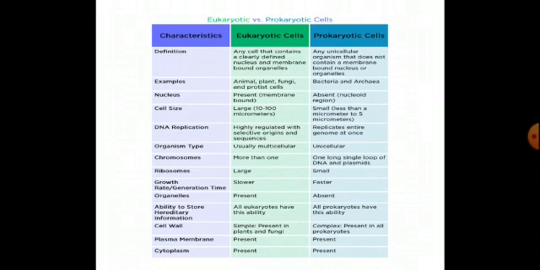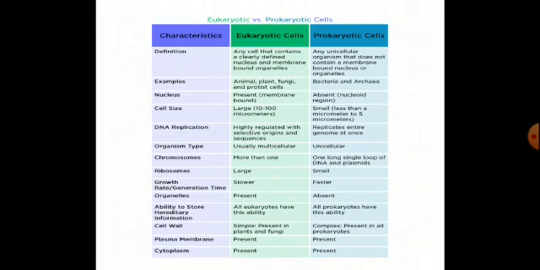Ability to store hereditary information: all the eukaryotes have this ability, and the prokaryotes also have this hereditary information. In the case of the cell wall, it is simple in the plants and fungi. In prokaryotes, a complex cell wall is present.